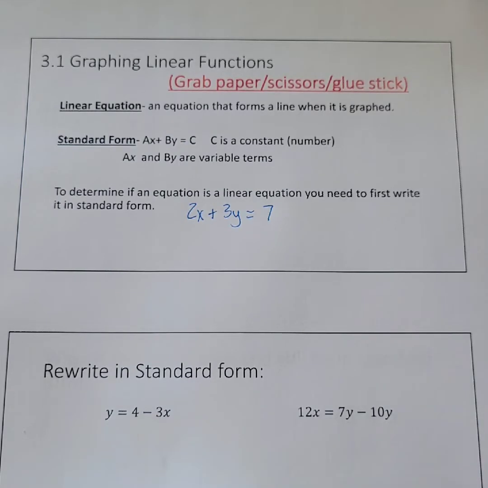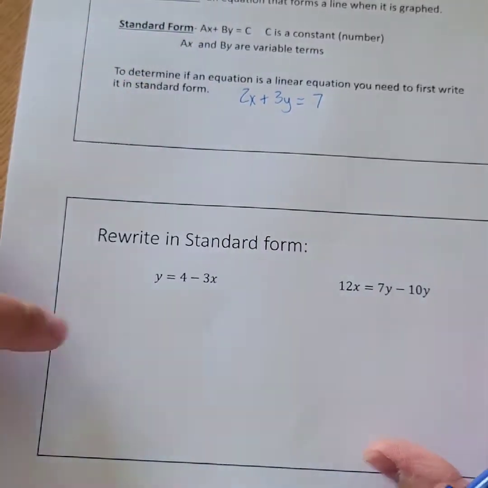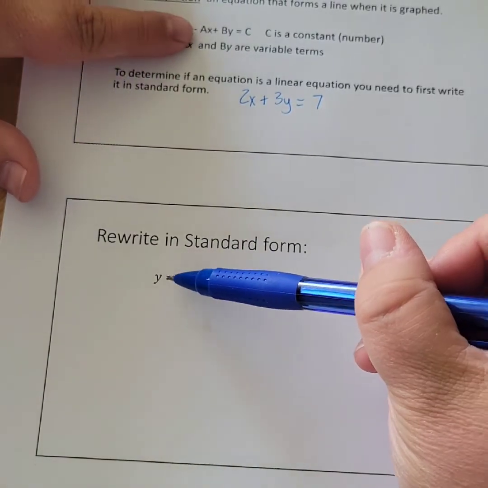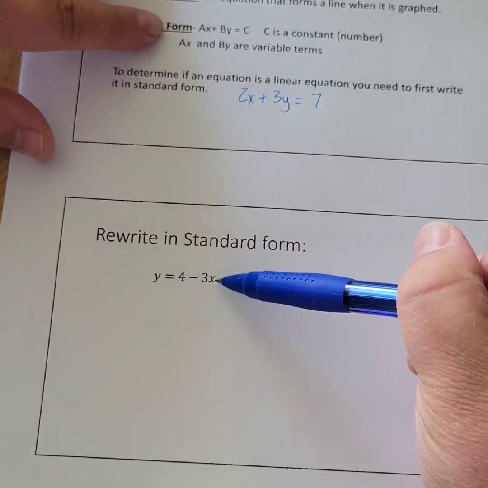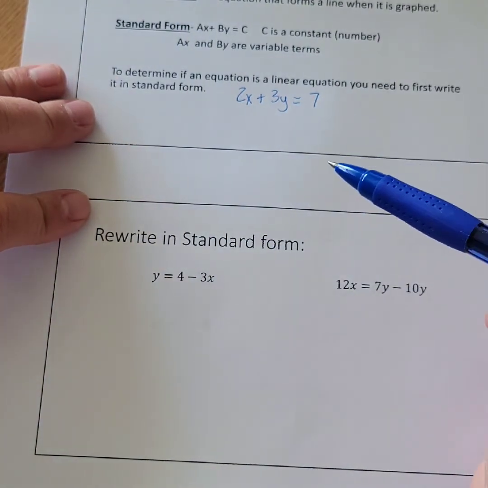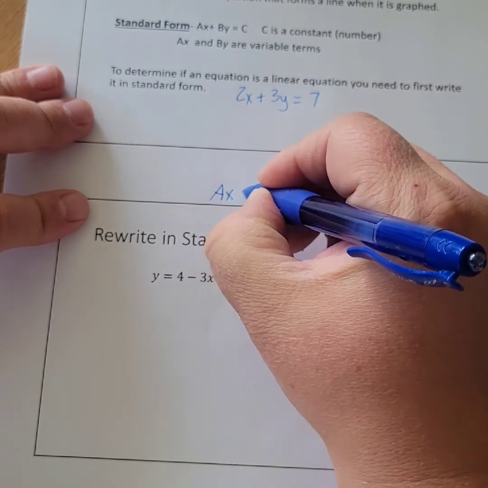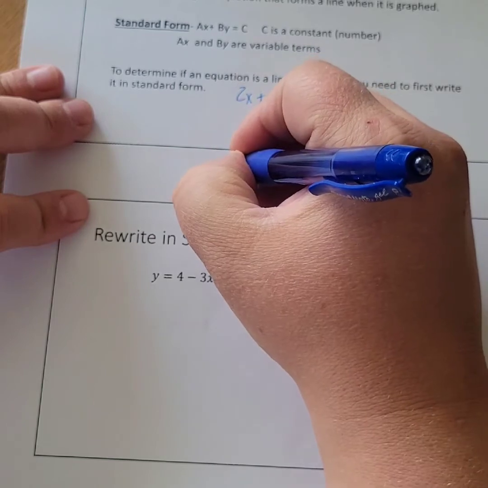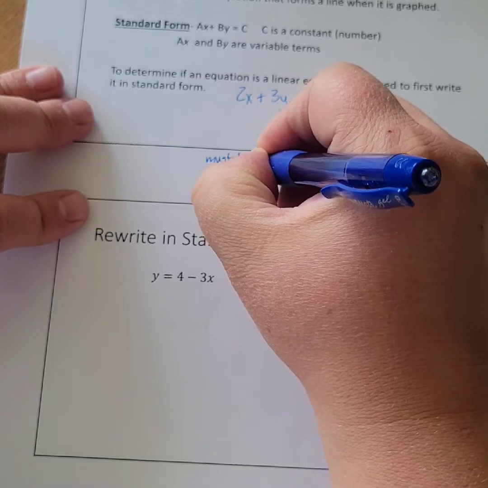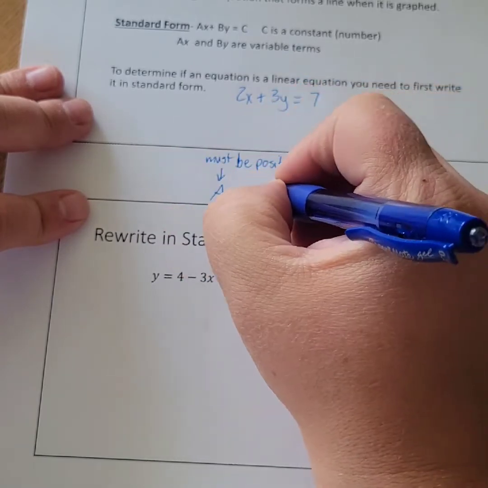All right, so if we're looking at standard form, the y is on the correct side, but the x is not. In order to write it in standard form, it has to be the number with the x, and that must be positive. A has to be positive.